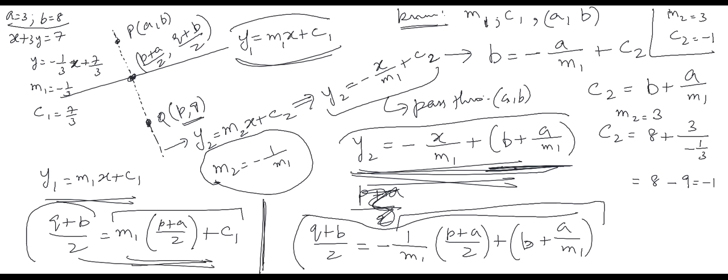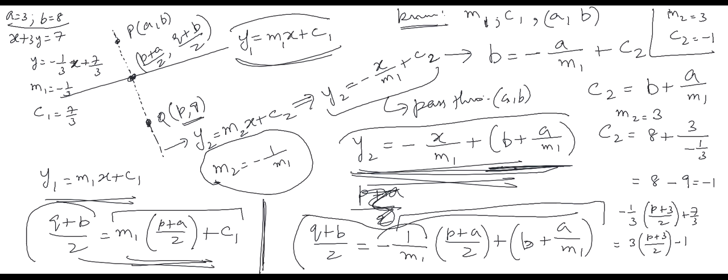Now let's write this one. M1 is minus 1 over 3 times P plus 3 over 2, plus C1, 7 over 3. This must be equated to minus 1 over M1, that is our M2, 3, multiplied by P plus 3 over 2, plus C2, which is minus 1.